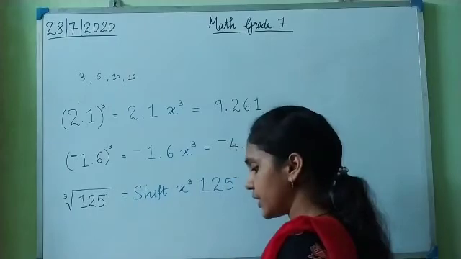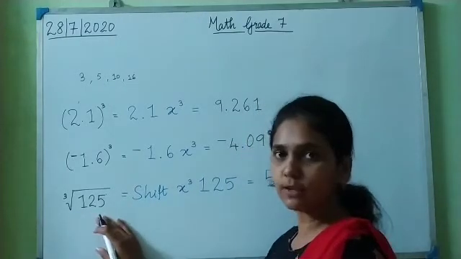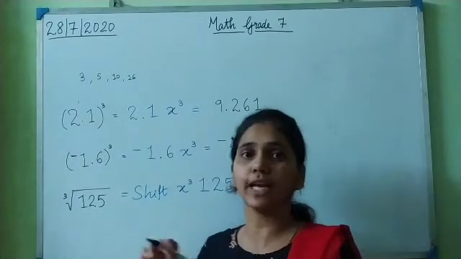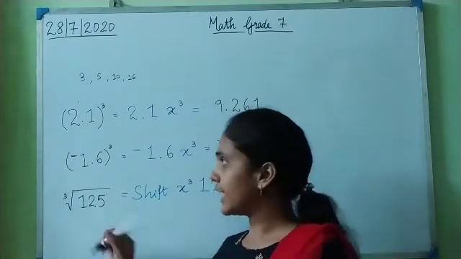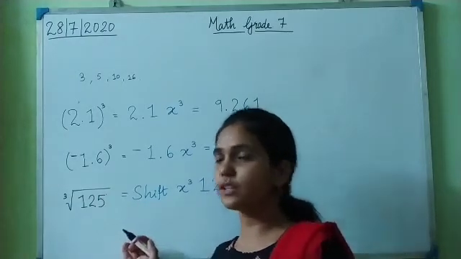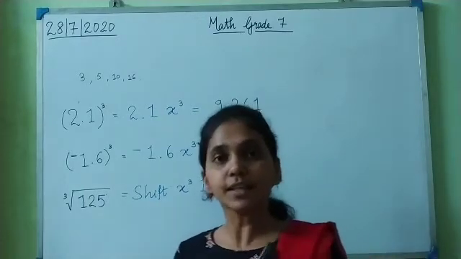The answer I get is 5. So the cube root of 125 is 5. In this way you can find the cube and cube root of any given number, whether it is decimal, normal, negative or positive, by using a calculator.